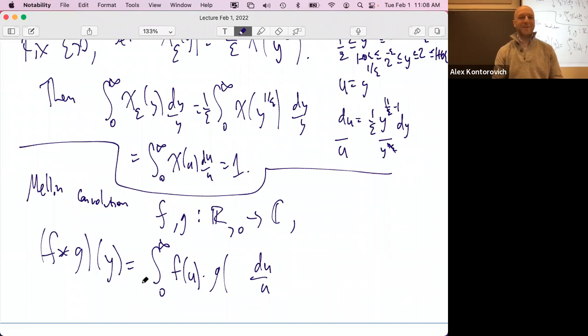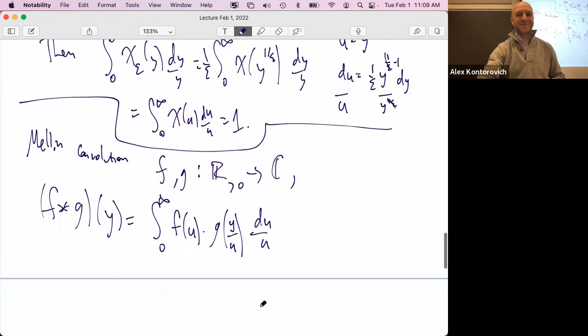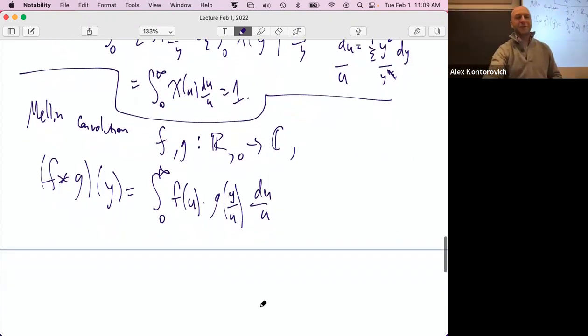Is it y minus u? Oh, wouldn't it be y inverse? Exactly, it's y over u. It's the multiplicative version; we have to use the multiplicative group law everywhere. Okay, so that's Mellin convolution.